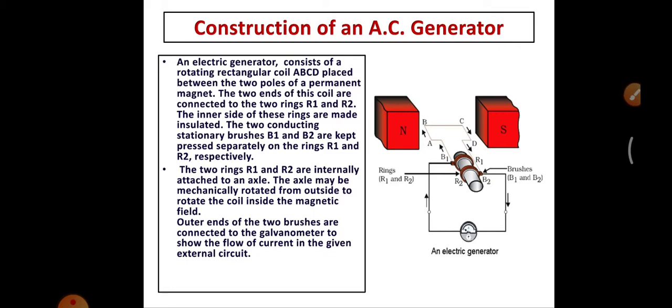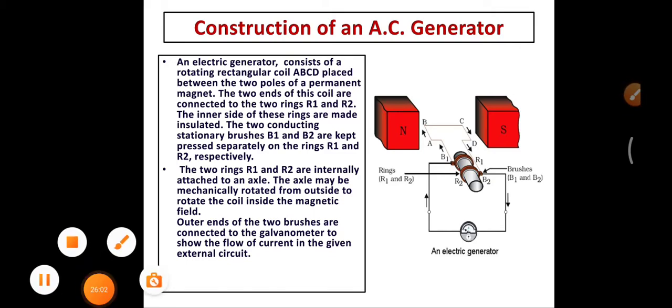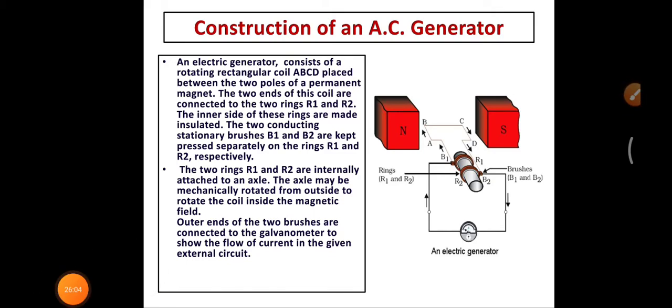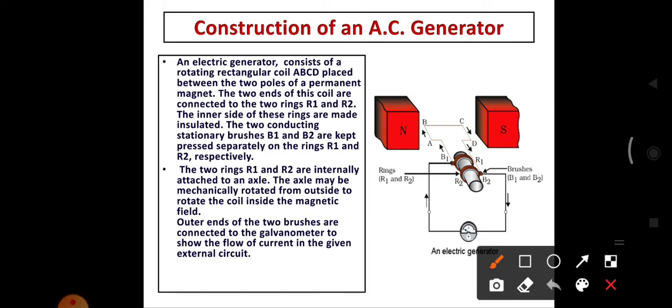So what is the construction of an AC generator? An electric generator consists of a rectangular coil, ABCD, placed between two poles of a permanent magnet.